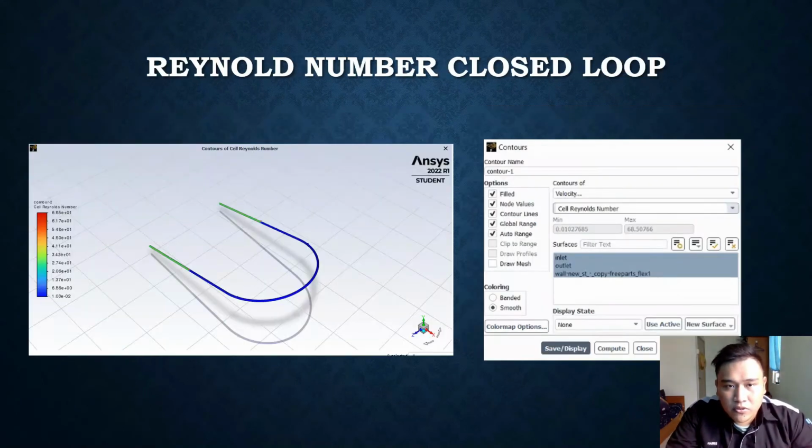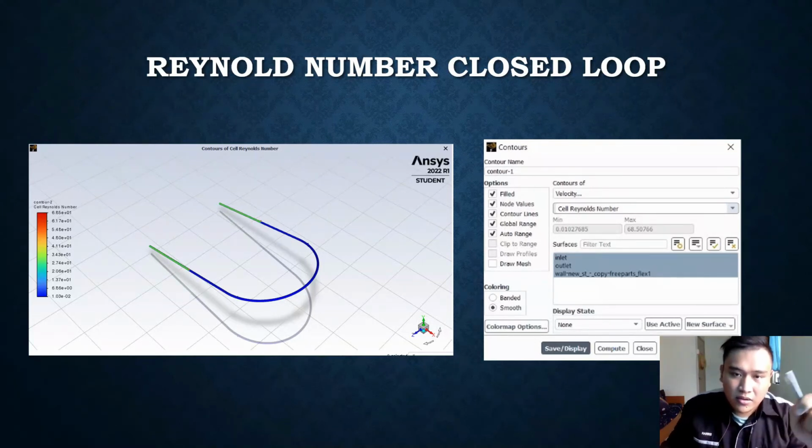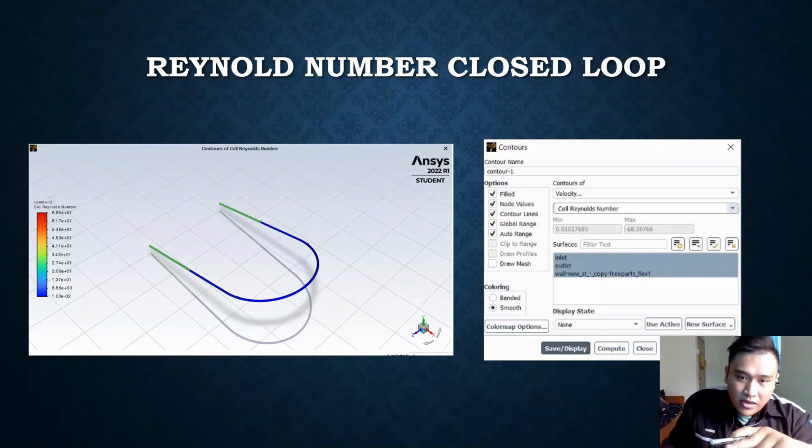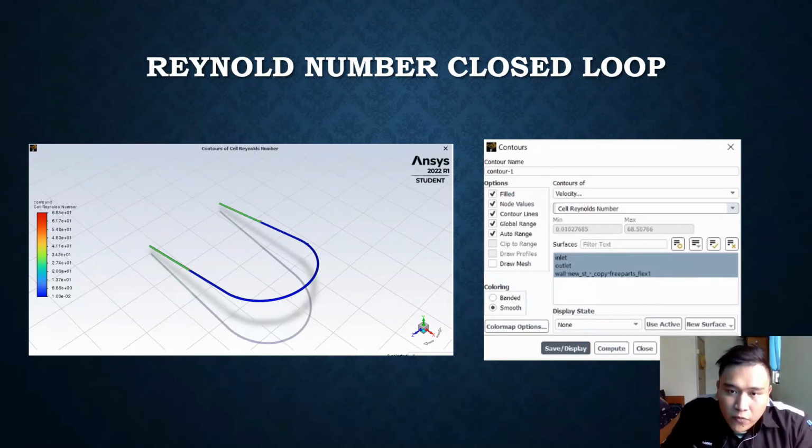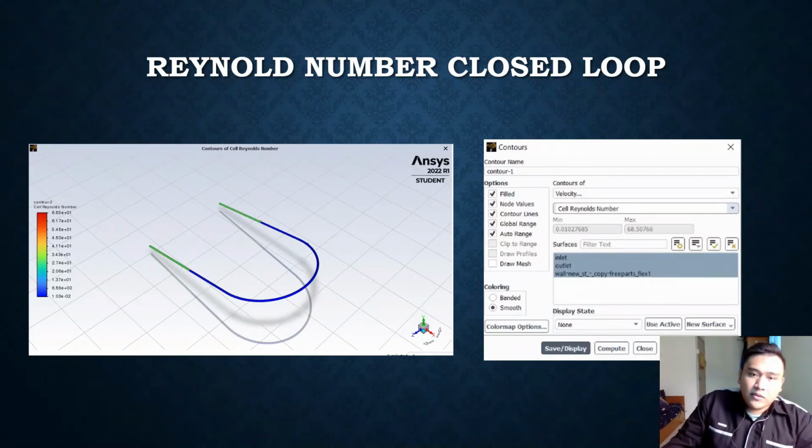Okay, we go to the Reynolds numbers. For the Reynolds numbers, the data shows the maximum Reynolds number is 68.5066. Meanwhile, the minimum is 0.0102769.